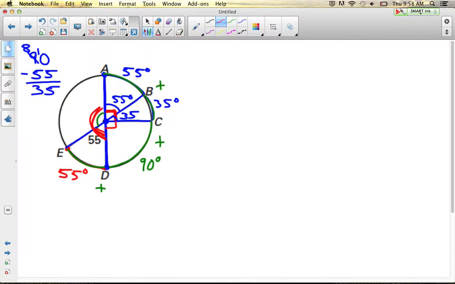So I'm going to subtract 55 from 180, and that will give me the remaining measure of the arc that I need. 125 is my central angle, which means this arc should also be 125 degrees.